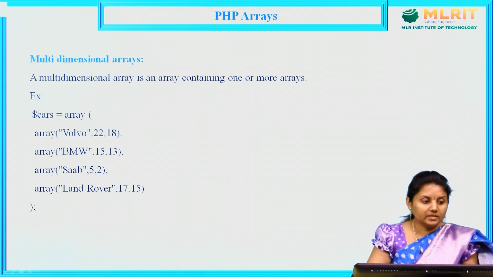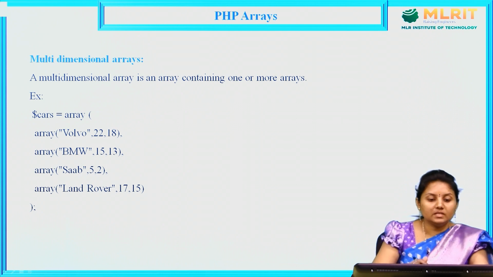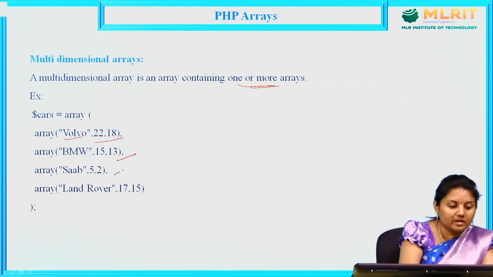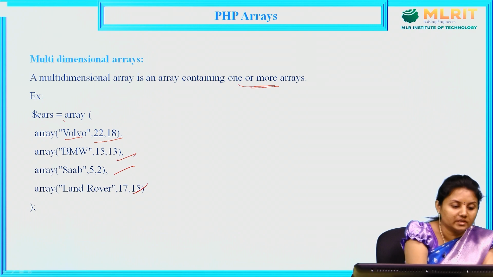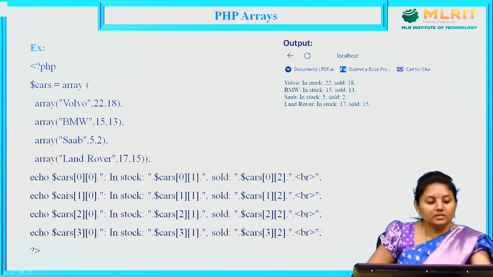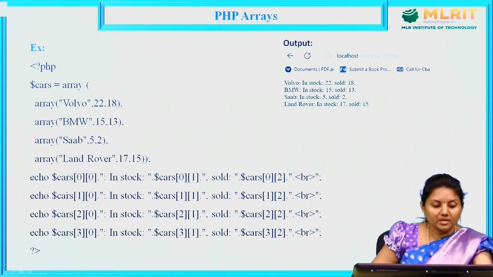Then next, the multi-dimensional array. This is an array containing one or more arrays. So you create an array within the array, and you have multiple arrays. We will see the example. The array is followed by the multiple arrays we have given.